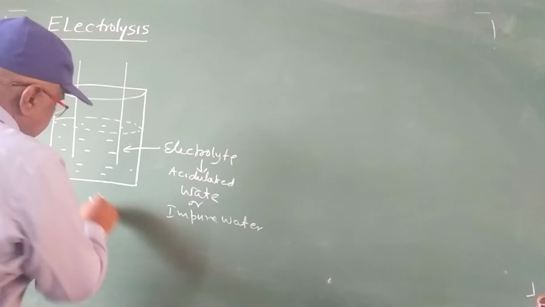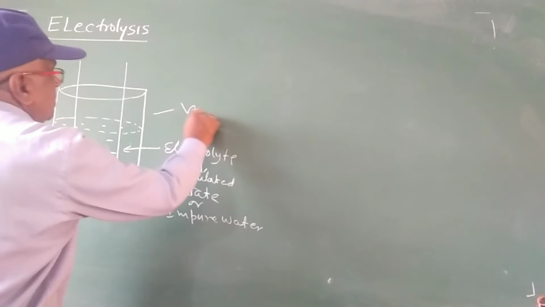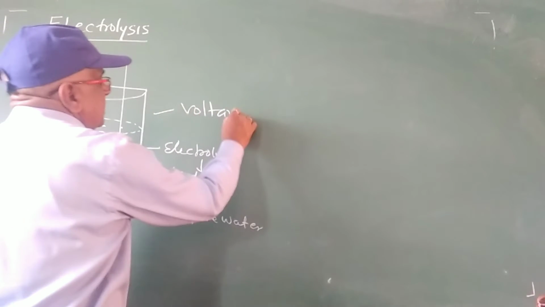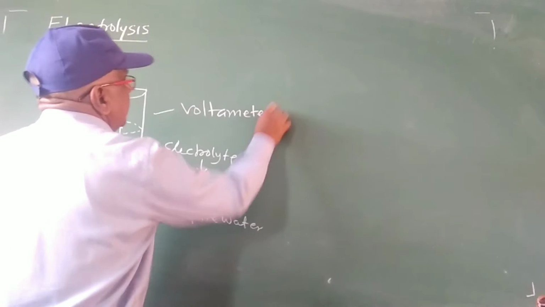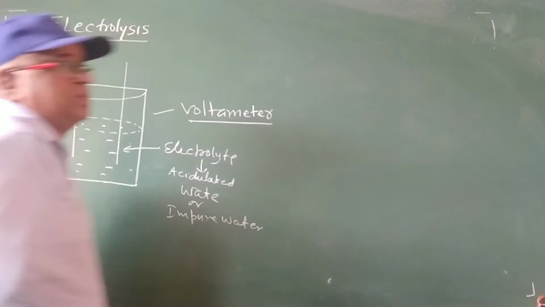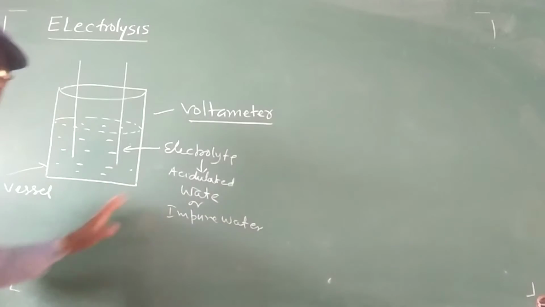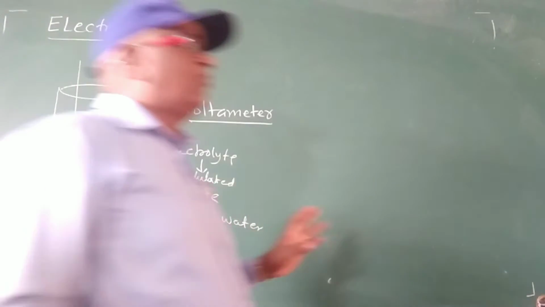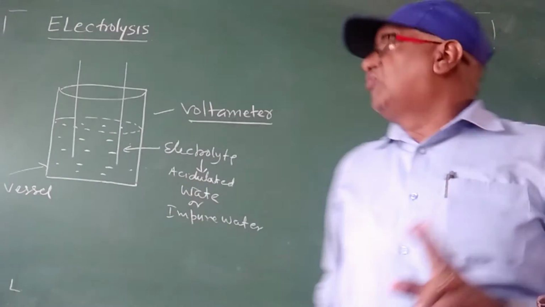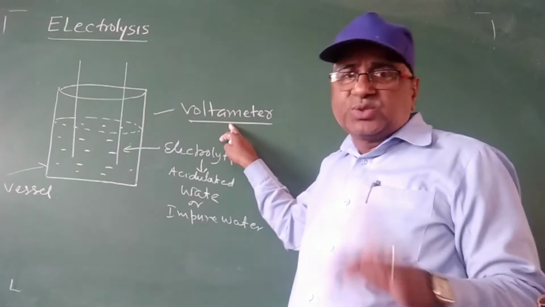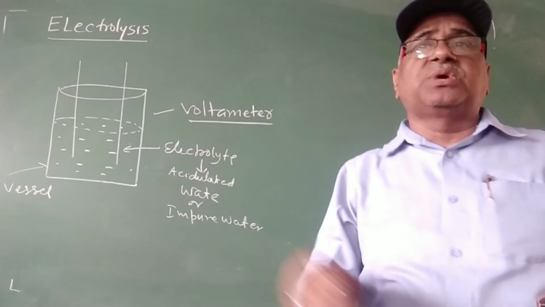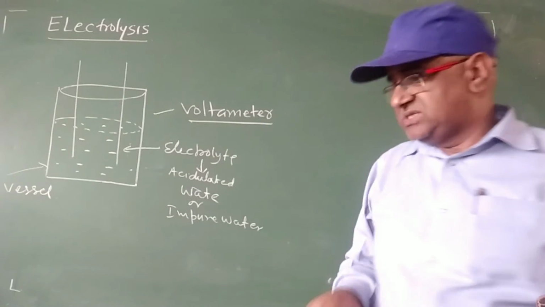All together it is called a voltameter. It is voltameter, not voltmeter. This arrangement is termed as voltameter. A voltameter is an instrument which is used to carry out the electrolysis process.